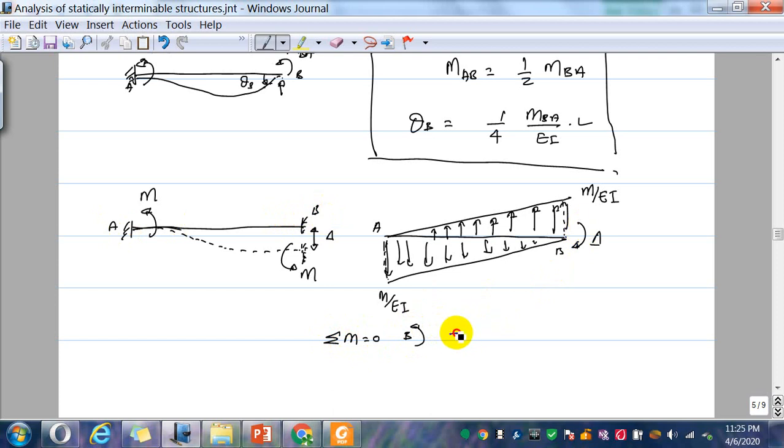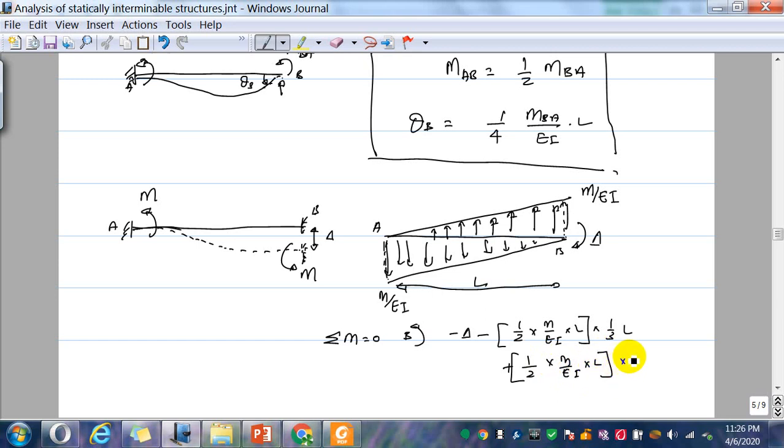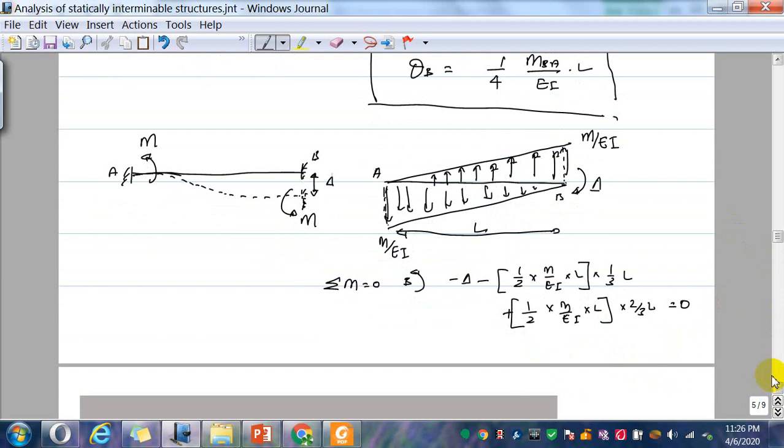Then I have minus delta, clockwise, then the upward load is clockwise, so that is minus half into M over EI into L, where L is the length, and the distance is 1/3 L, plus half into M over EI into L into 2/3 L is equal to 0. So that is the equilibrium condition.